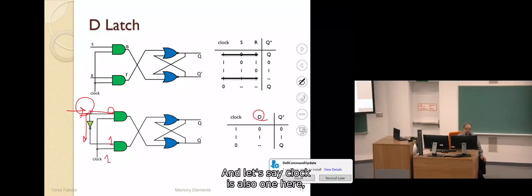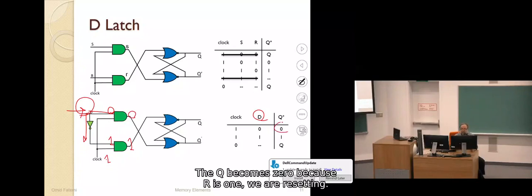So here 0 and 1 we have 0 here, 1 and 1 we have 1 here, and here it is our famous R and S. So S is 0 and R is 1, so the Q becomes 0. Because R is 1, we are resetting.